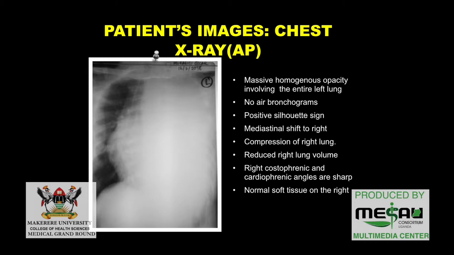So basically, the other features of this X-ray, we've talked about the mediastinal shift. That means that the trachea, the heart, the hilum has all been shifted to the right. And there is compression of this right lung, with loss of lung volume.